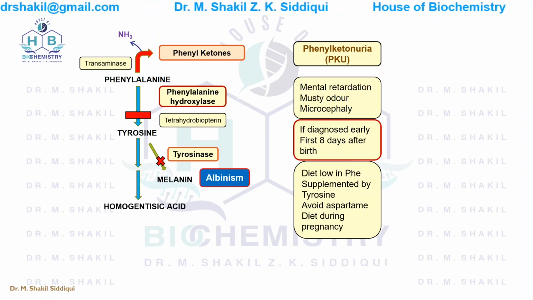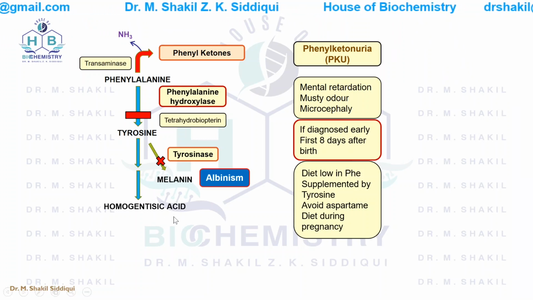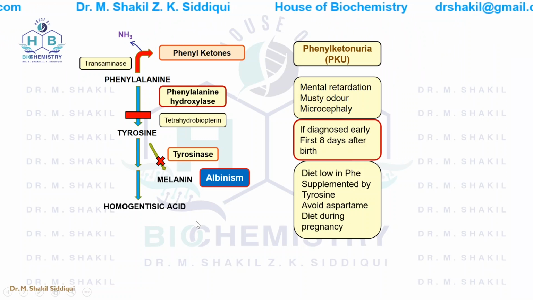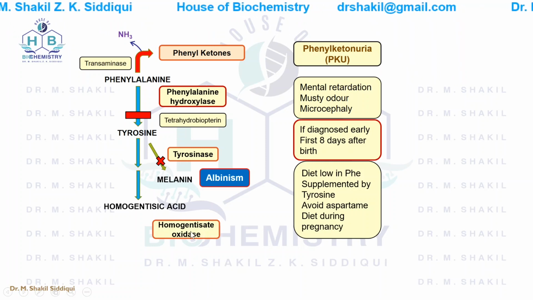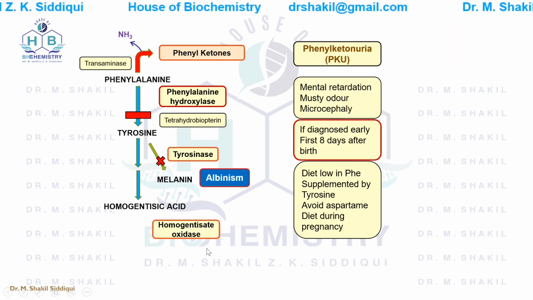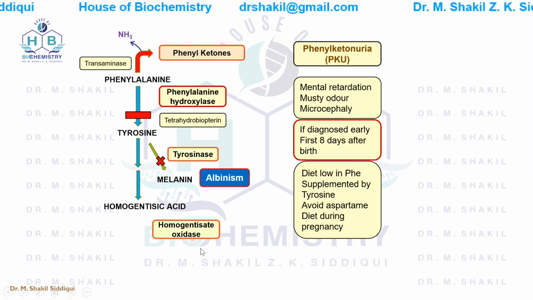Now coming back to tyrosine, when homogentisic acid is formed, it sees another important enzyme. That enzyme is called homogentisate oxidase.